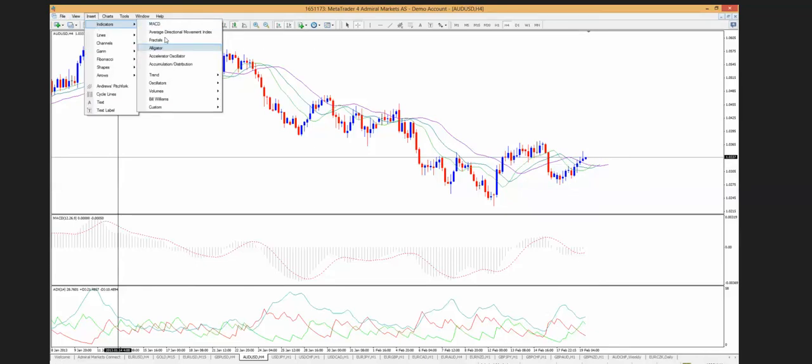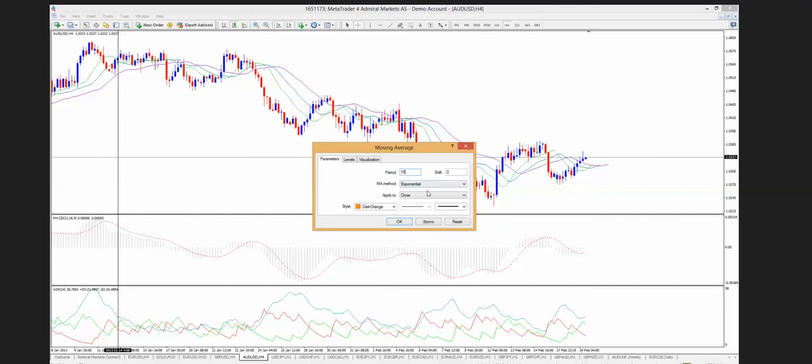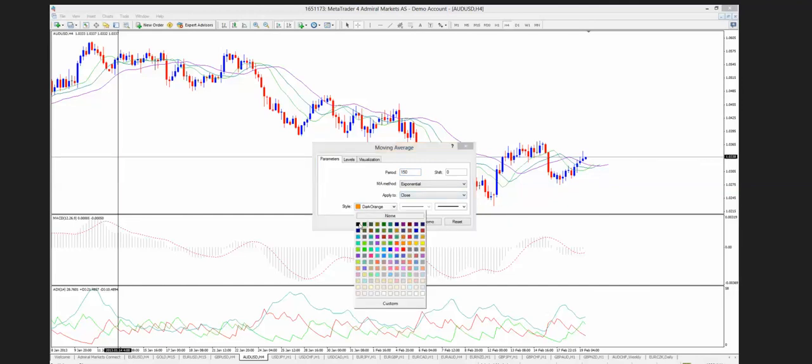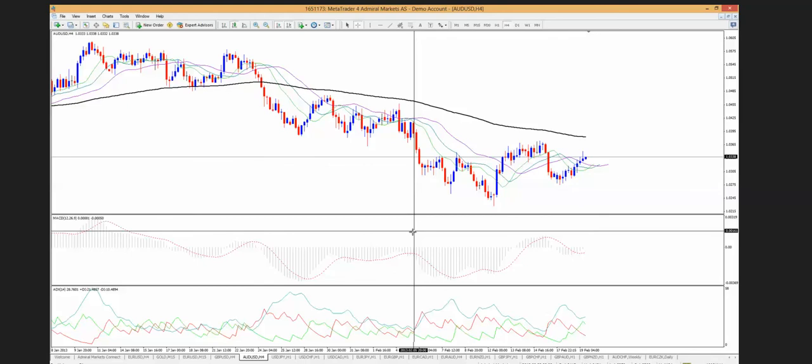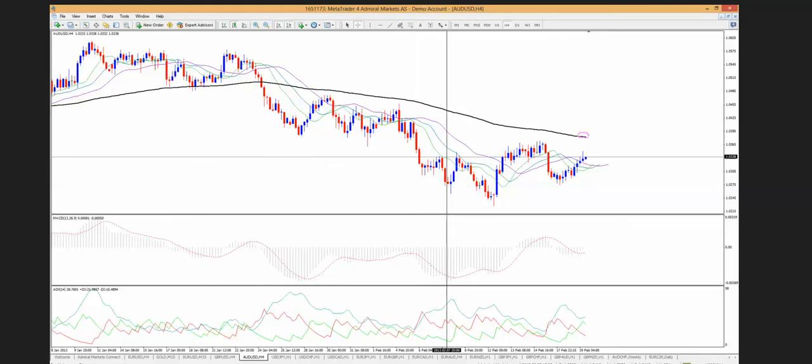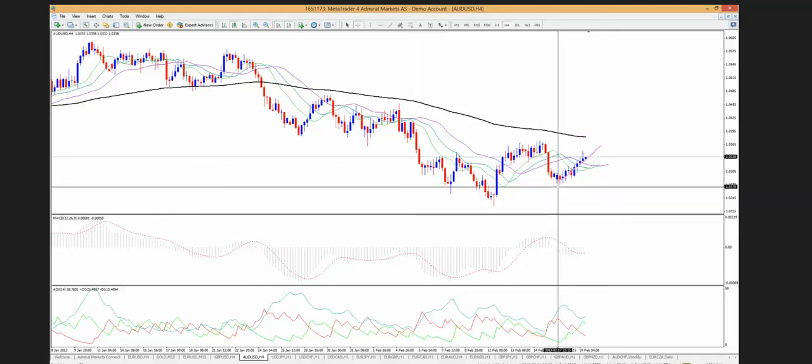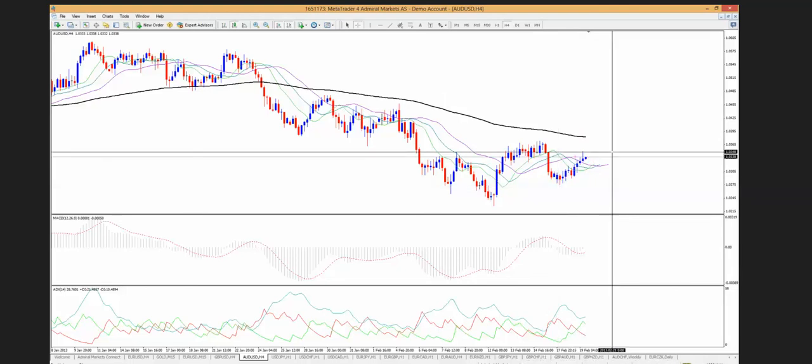Let me show you one more indicator here. You can see that the long-term moving average that I use is showing more downside. So this is definitely a retracement. The only thing is, will it stop here, or are we going to, in Elliott wave terms, make a bigger retracement, maybe up to here?